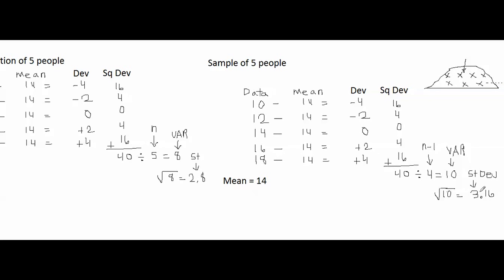In order to make it so that the sample standard deviation does a better job of estimating the true population standard deviation, the sample standard deviation has to be adjusted upward to a higher number. And that's what this n minus 1 does. It boosts the sample standard deviation so that it does a better job of estimating the standard deviation of all population members.